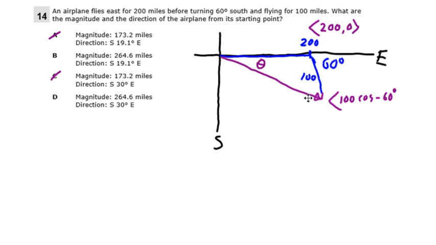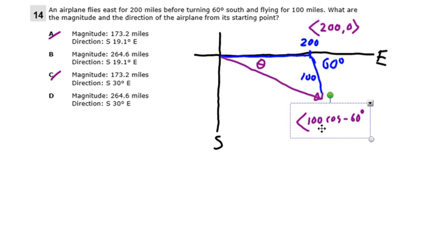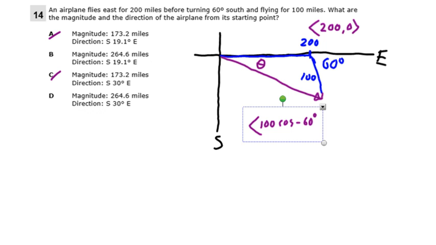I'm going to move this over here just to leave a little more room. We can take this other coordinate here, and that's going to be times negative 60 degrees, cosine negative 60 degrees. Then, comma, 100 sine of negative 60 degrees.